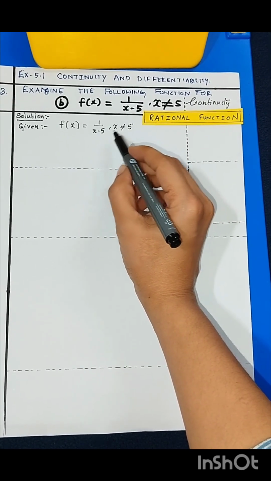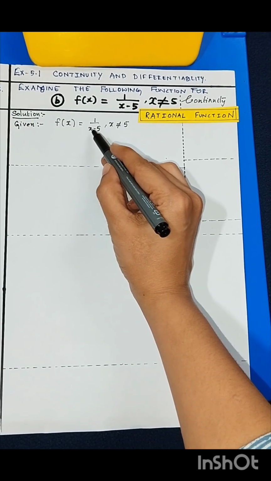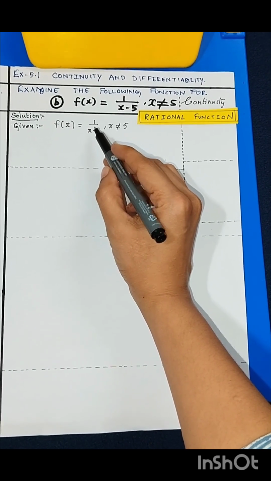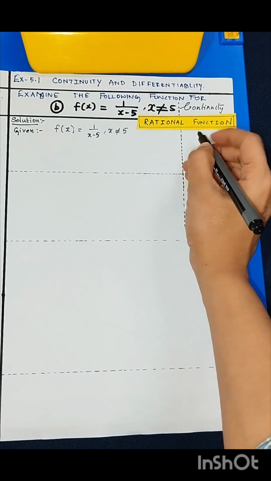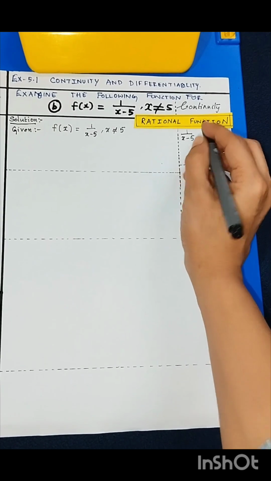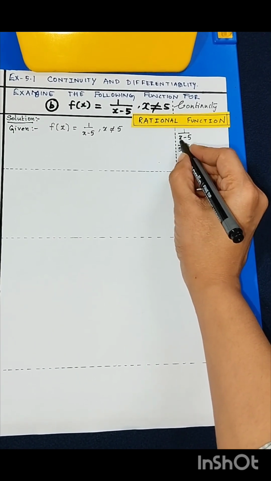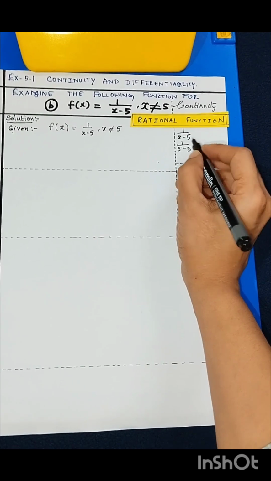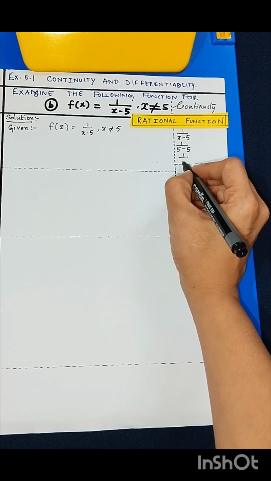But here they have given x is not equal to 5. Why should x not be equal to 5? Why should we not substitute 5 here? So let us input x equal to 5 and check what output we get. 1 by x minus 5, let us substitute 5 in the place of x. 1 by 5 minus 5, and we know 5 minus 5 is 0.